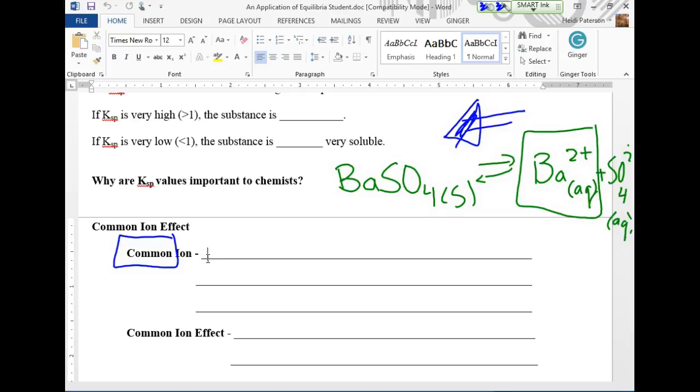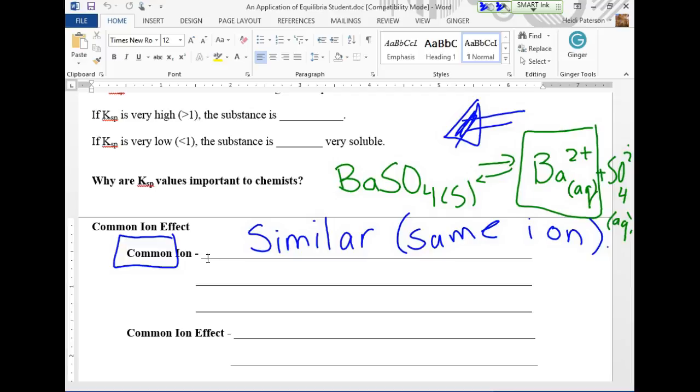Exactly, it's the same. So you said that if I added something with sulfate in it, I could force a left shift. I'm adding a common ion. And by adding a common ion, I affect the solubility of barium sulfate. That's the effect.